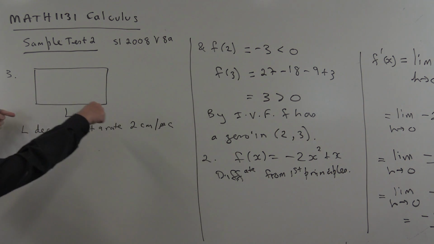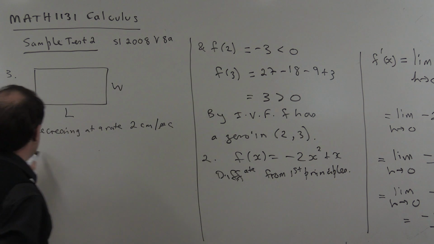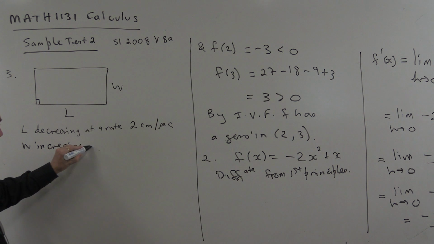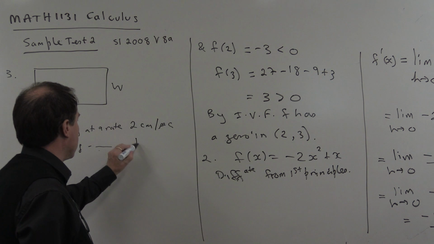So that length is getting smaller in my rectangle, and we have a width which is increasing. So W is increasing at a rate of 4 centimetres per second.